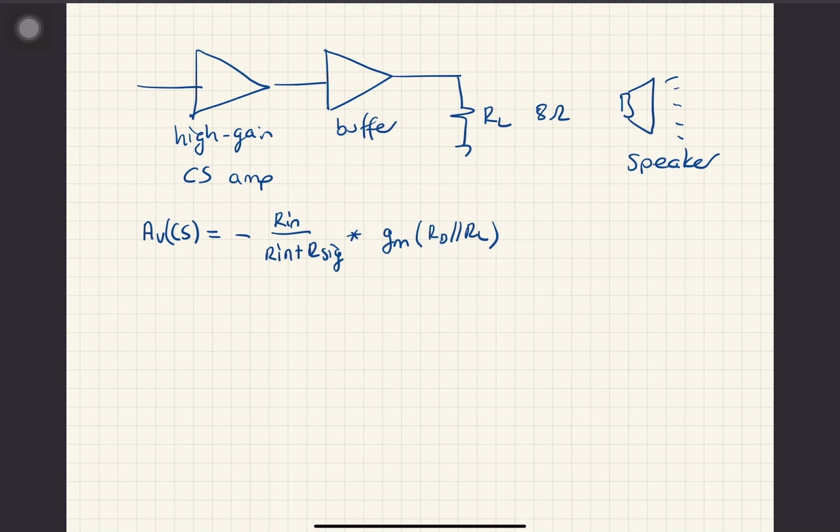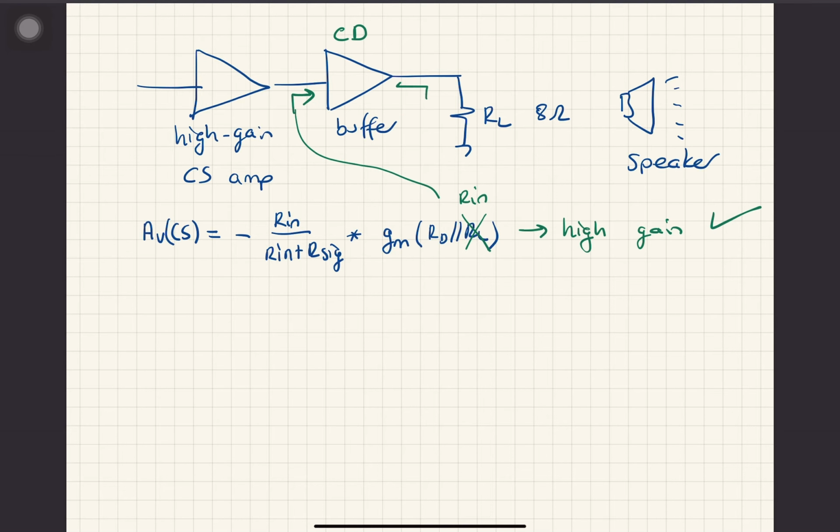But in this configuration, if you put a buffer, which is, let's say, a common drain amplifier, the input resistance is high. It was R1 in parallel with R2, and I told you to make it like giga ohm. Make it as large as possible. So instead of this RL, now you have this Rin. So the common source can still have high gain, which is a good thing. But how am I going to drive the RL?